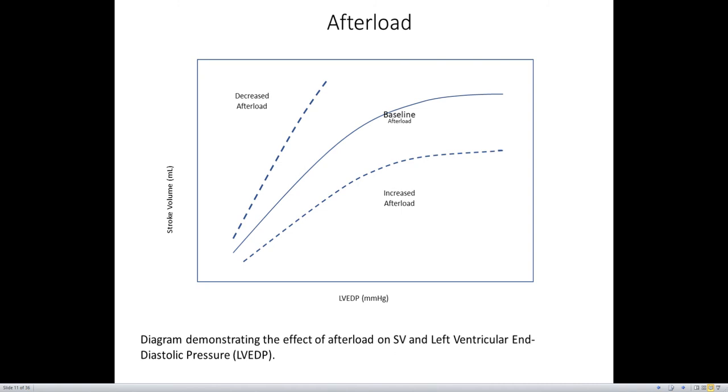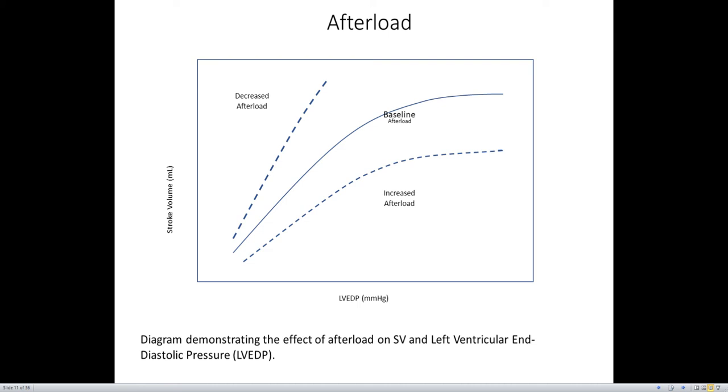Now remember, afterload is really vascular resistance. It's the work the myocardium must overcome to eject blood, and it's very much dependent upon vascular resistance. This figure demonstrates the effect of afterload on stroke volume and left ventricular end-diastolic pressure.